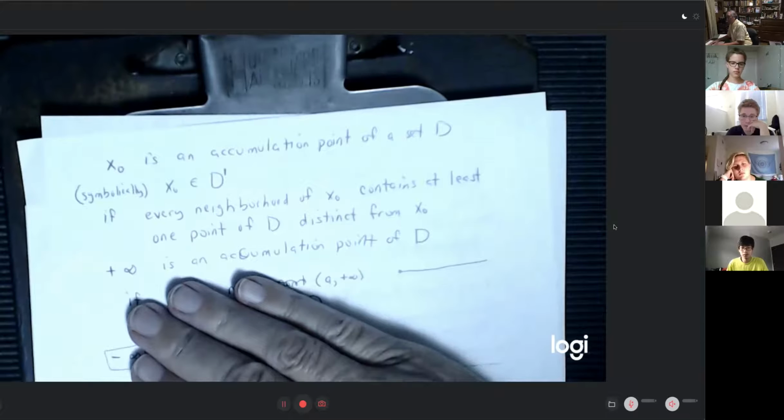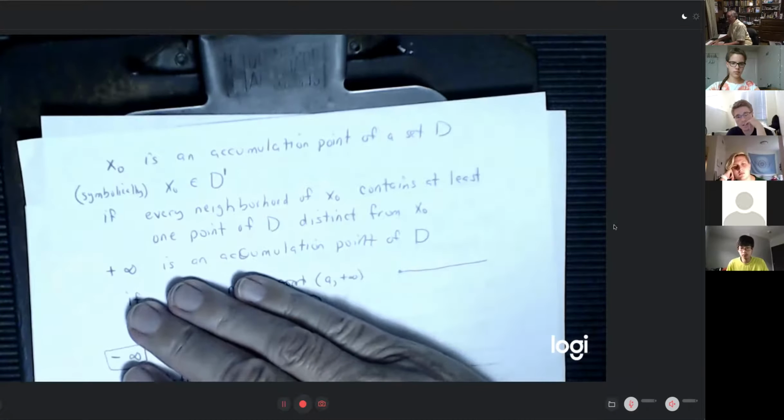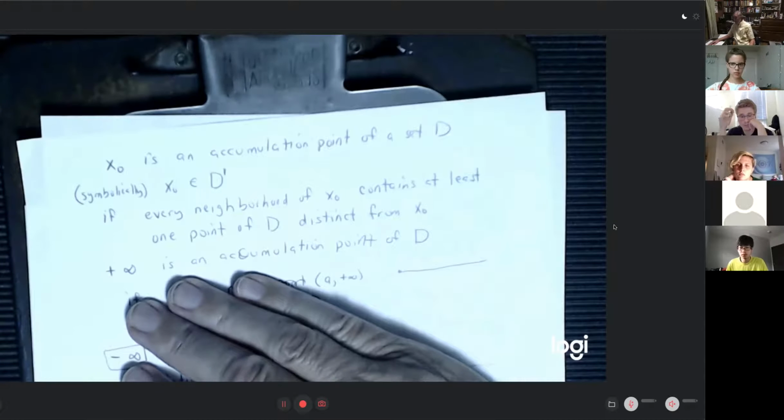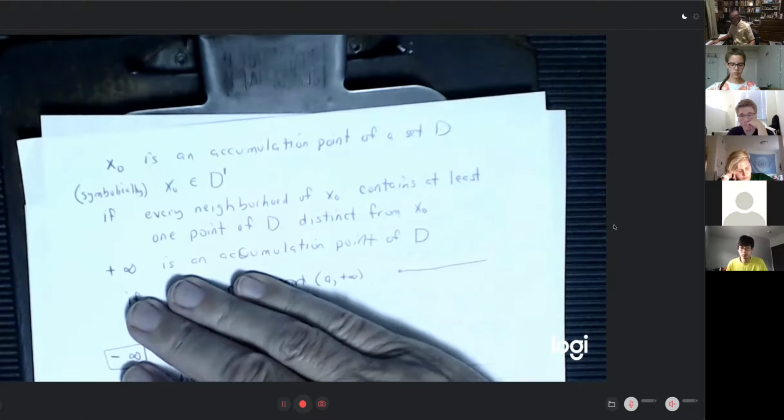Okay. What do we mean by saying infinity is an accumulation point of a set? This is not in the book, because the book doesn't talk about accumulation points at all. Well, what we're saying is that x naught goes on forever.